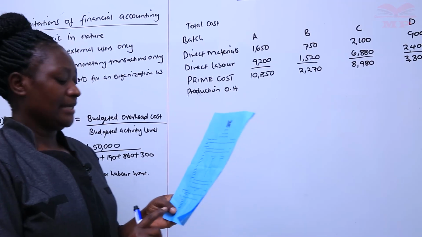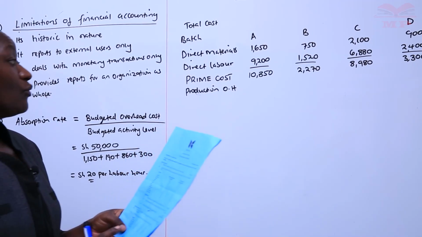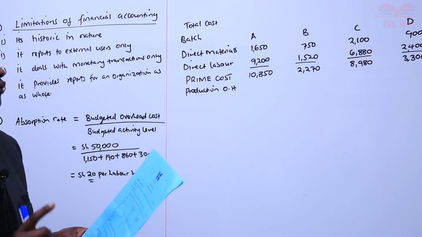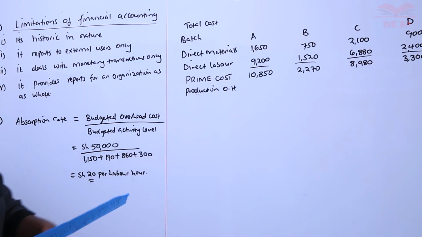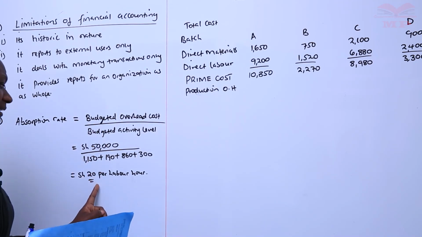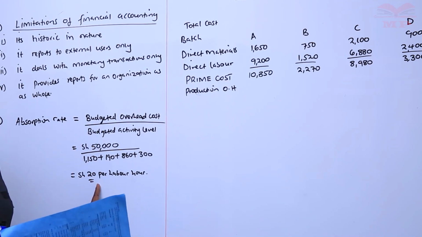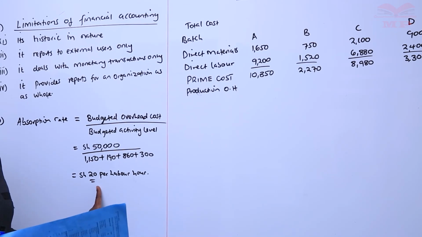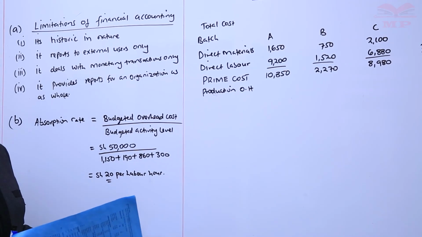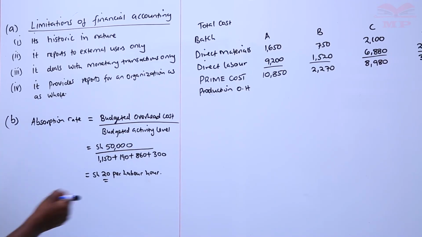For batch A, the labor hours were 1,150. So to calculate the production overhead, we are simply taking the absorption rate, which is the same as the cost per unit of an overhead, and then you multiply that by the number of labor hours.